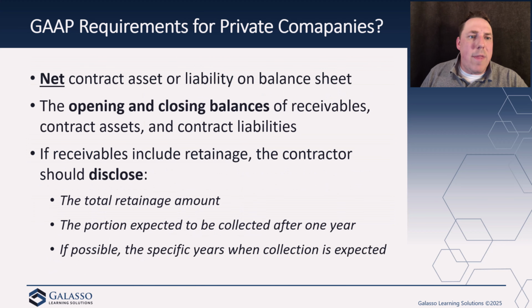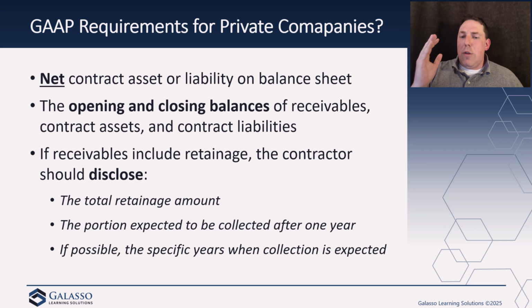So let's talk about what the specific GAAP requirements are. And we're going to focus on private companies. There would be a lot more for public entities, but let's stick to the basic requirements here. So under Topic 606, contract assets and liabilities must be presented net, meaning that on a contract by contract basis, you combine revenue in excess of billings or billings in excess of revenue and retainage.